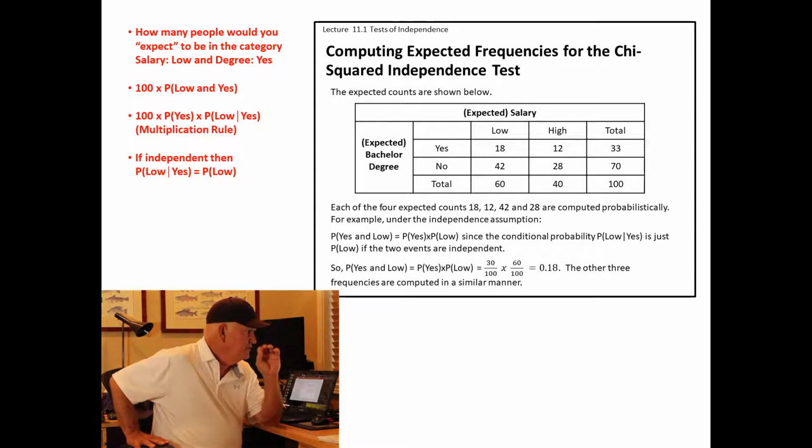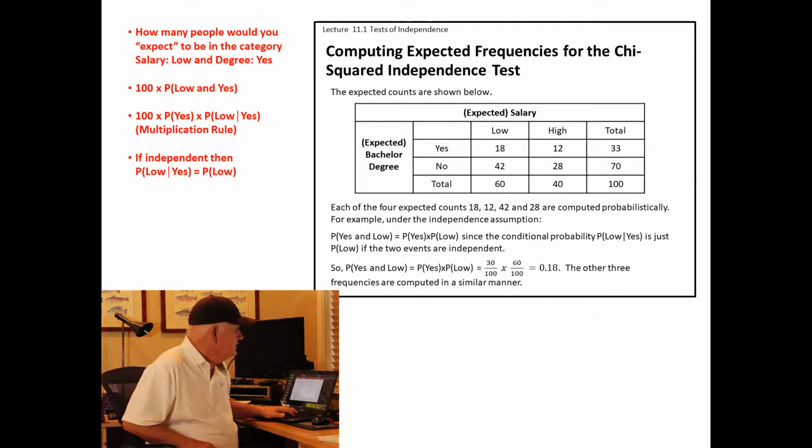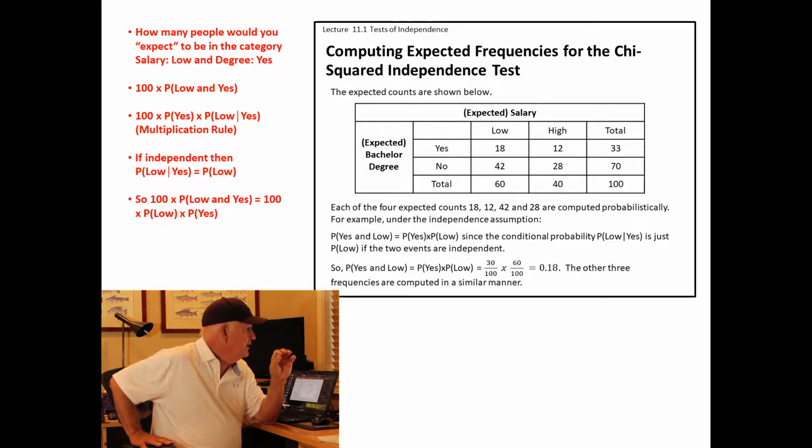If these two factors, having a high or low salary, having or not having a bachelor's degree, are independent, then the probability of P low given yes is just P low, because if they're independent, then whether or not you have a high or low salary doesn't depend on whether or not you have a bachelor's degree. And so that means that P low and yes times 100 is just 100 times the probability of P low times the probability of P yes.